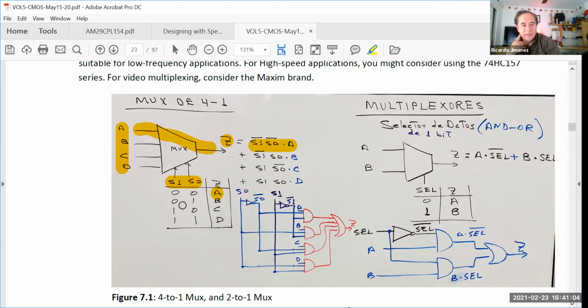In the other case, when I have S0 equal to 1 and S1 equal to 0, or S0 and not S1, channel B will be transferred. There it goes, channel B.